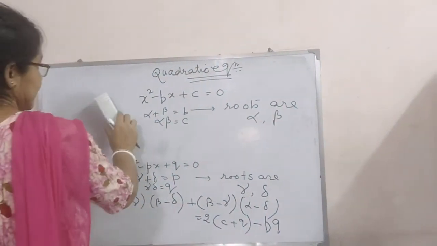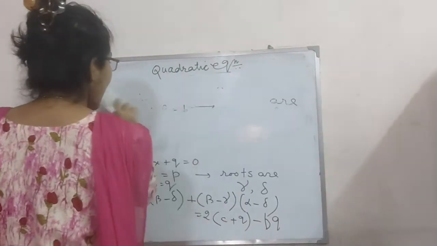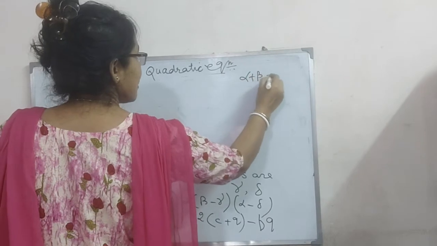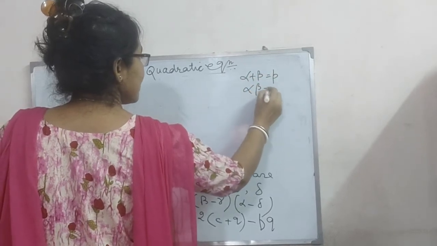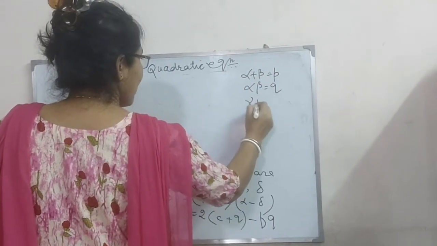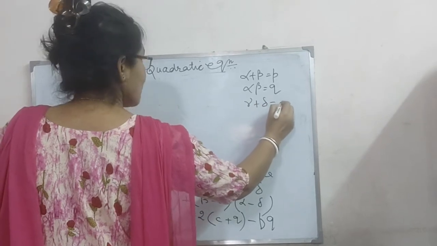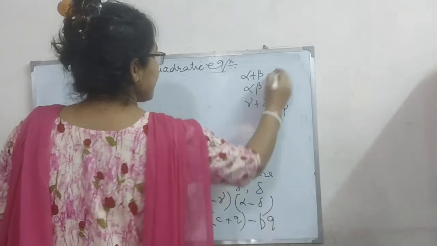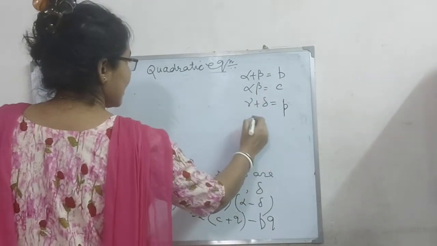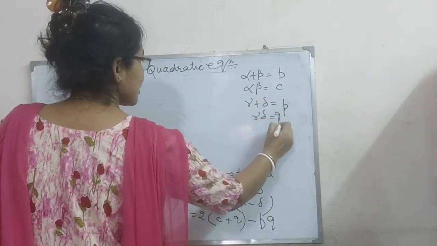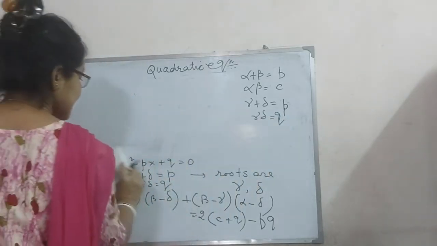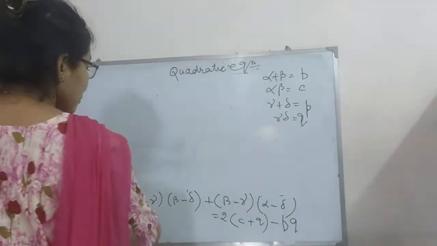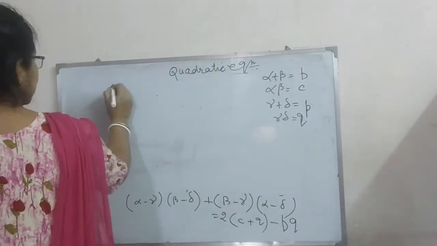That means we have alpha plus beta equal to b, alpha beta equal to c, gamma plus delta equal to p, and gamma delta equal to q. It is given. So we have to prove this equal to this.